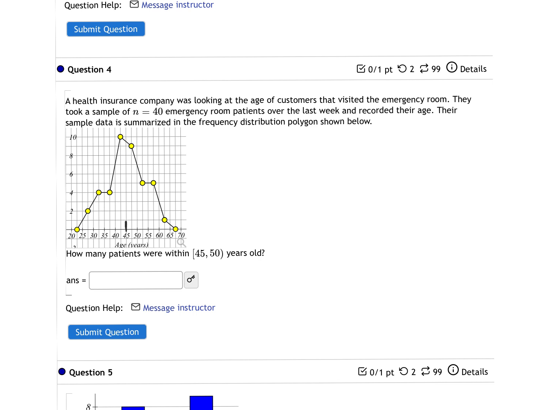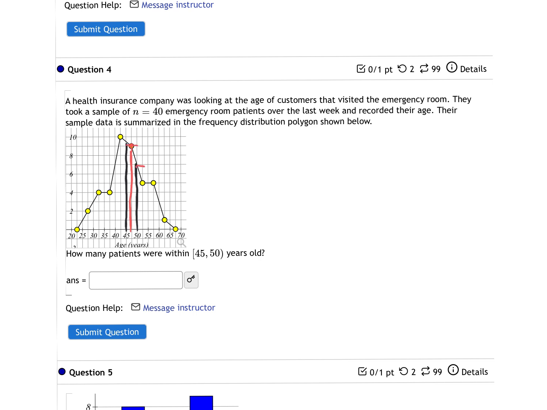So I go up here. And 45 to 50. Right. You'll see this middle line right here, where you take the midpoint and you connect it. So this would look like this, and this would be like this.